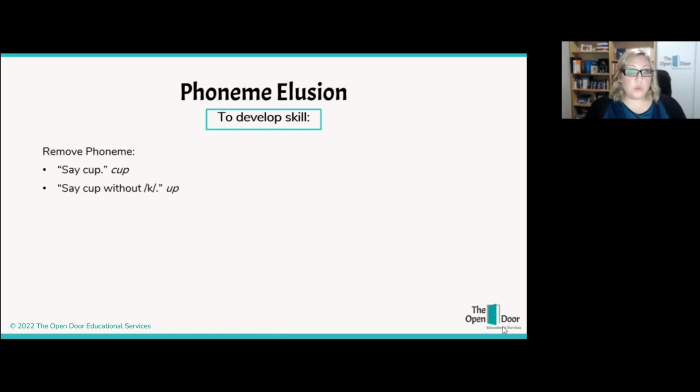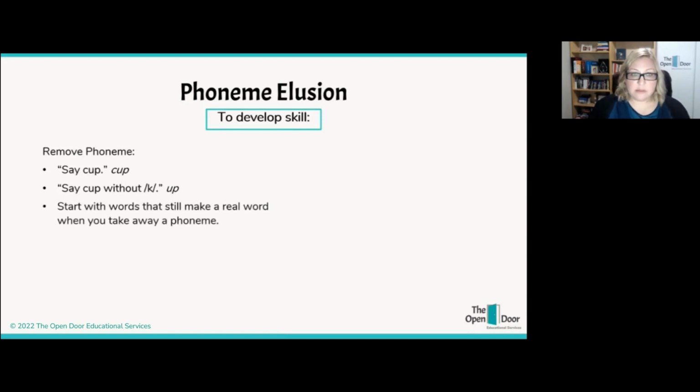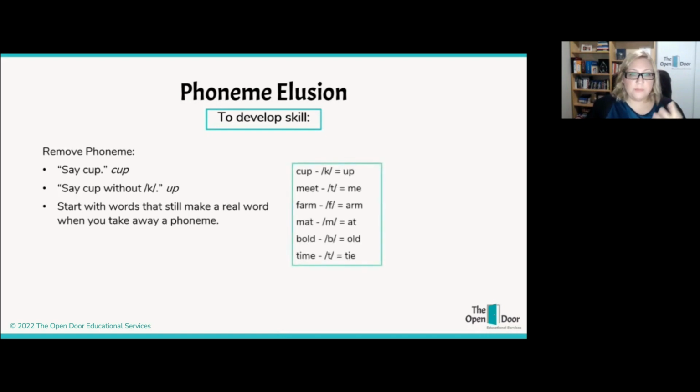Now, again, when you're starting out, start with words that still make a real word once you've taken away a phoneme. It makes it far easier. It makes sense in their brain. So things like cup without k, they'd give up. Meat without t is me. Farm without f is arm, and so on.